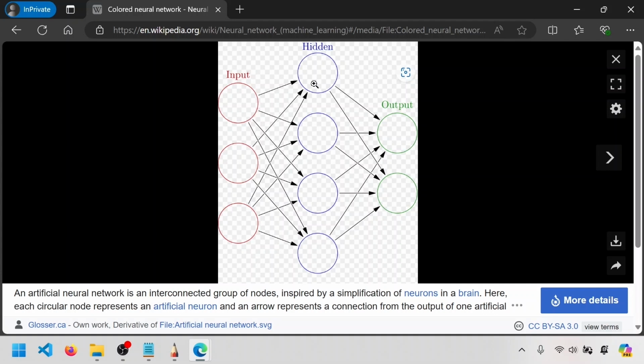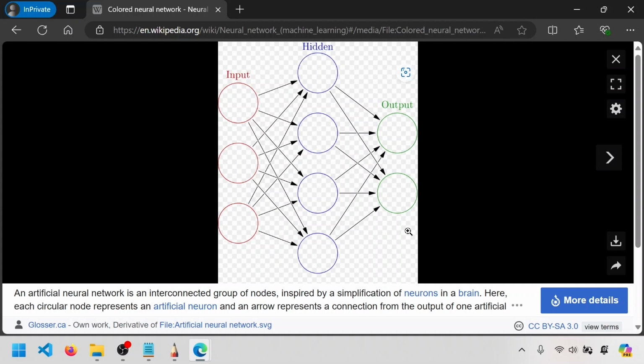Usually very small digits. Again, input is a layer of neurons, as you can see here vertically, and there are a lot of hidden layers normally in a neural network. This particular network in the diagram has only one hidden layer, and again output is another layer right here. This is the overall structure of a neural network.